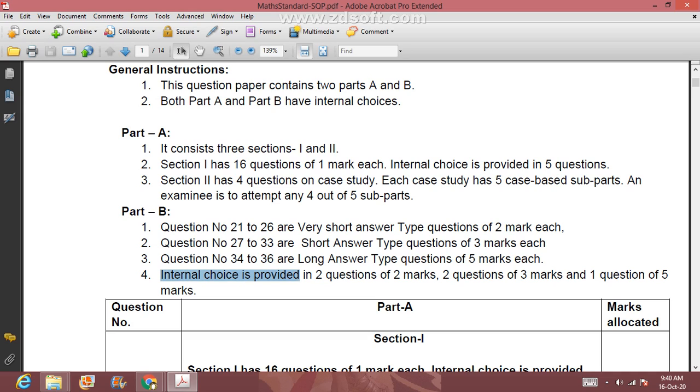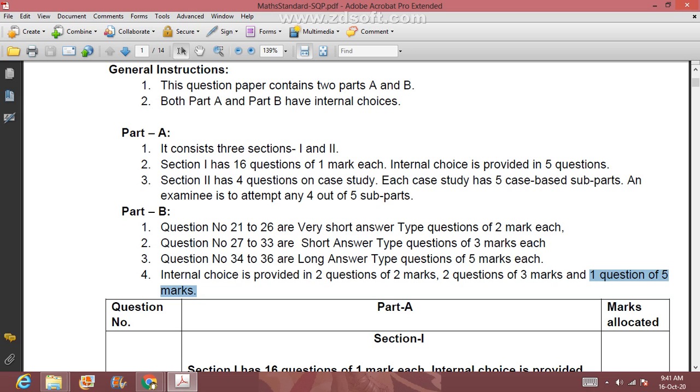See, internal choice is provided in 2 questions of 2 marks. There are 2 questions of 3 marks with internal choices, and 1 question in 5 marks. So there is 1 internal choice for the 5 marks questions.